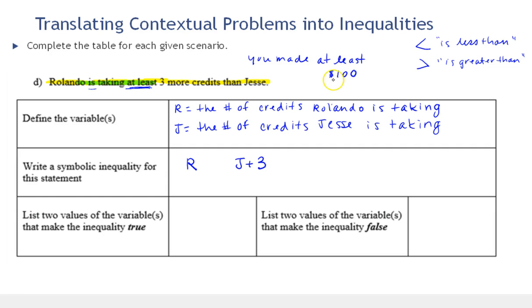So at least means greater than or equal to. And again, I apologize for the English language. Least looks very much like less than, but it's really greater than. And last we saw at most, we think it's going to be greater than, but it's less than. So when you put them into a context you're familiar with, you can really have a better chance at making sense of them. Okay? Now let's list 2 values of the variables that make the inequality true.